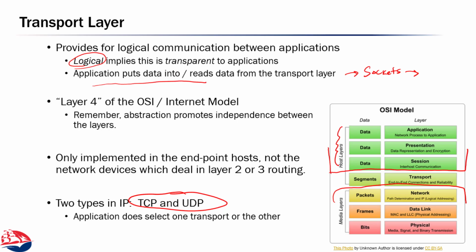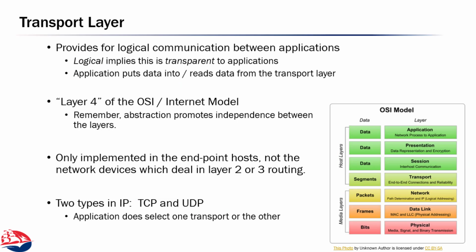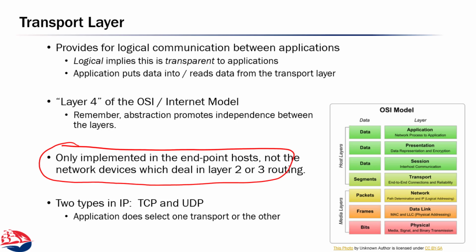The one thing that we have to keep in mind is that we are only implementing a transport layer in the application devices, the endpoints, not on the network devices themselves.